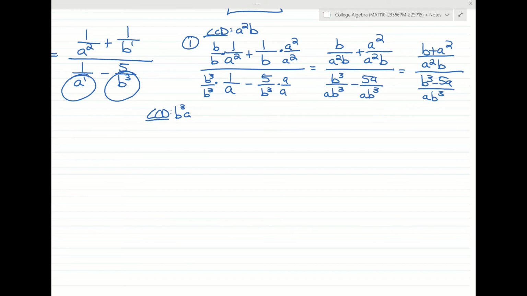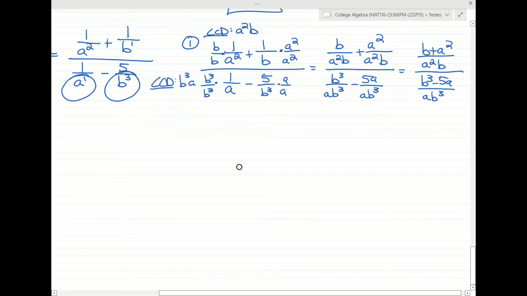Now that we have one fraction over one fraction, what we do is we multiply by the reciprocal. So this is going to turn into b plus a squared over a squared b divided by b to the third minus 5a over a b to the third, or b plus a squared divided by a squared b times the reciprocal.